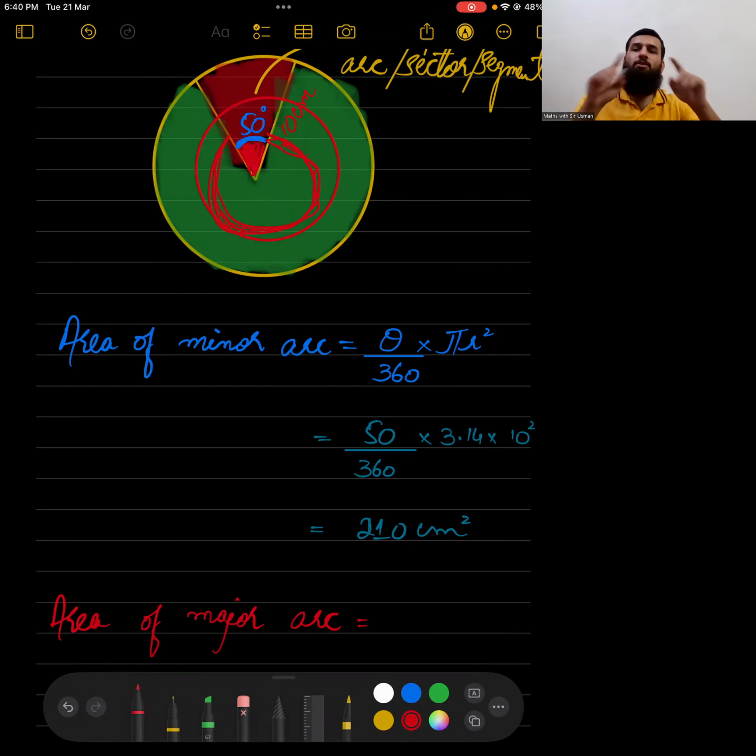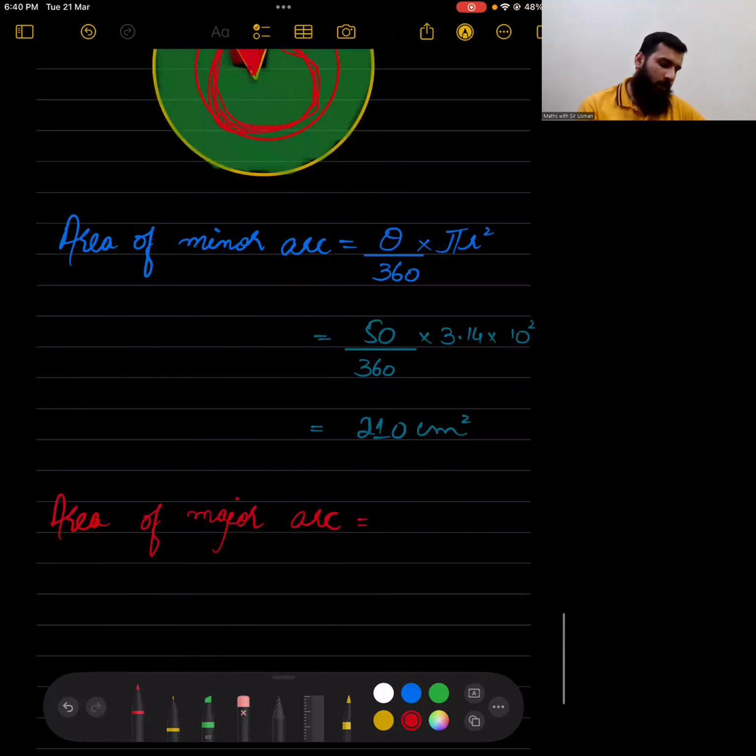So the entire circle is 360 degrees. The top part is 50 degrees, already provided. I'll just subtract them and I'll have the bottom angle, and that is 310 degrees. I did 360 subtracted with the angle of the minor arc. So it would be 310, and that would be my theta for the major arc.